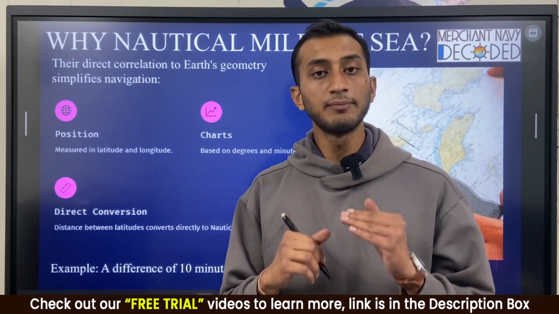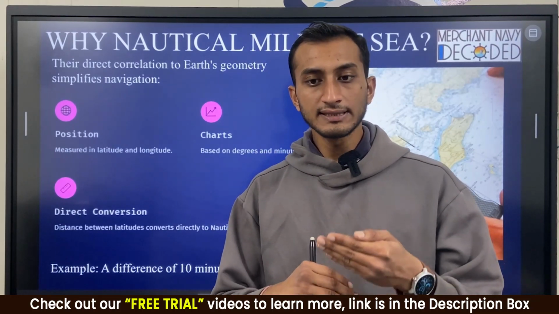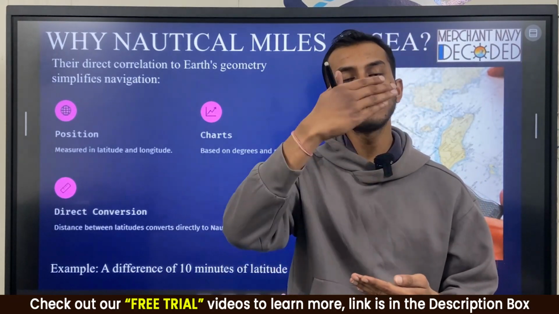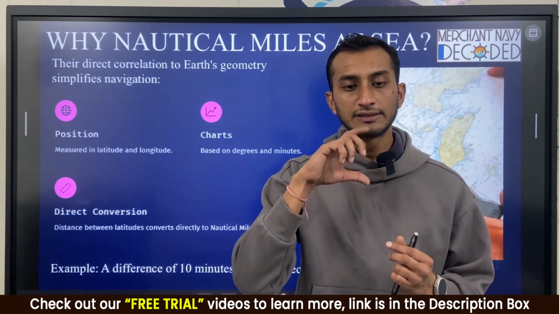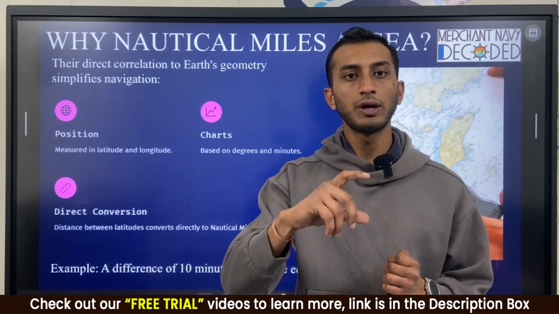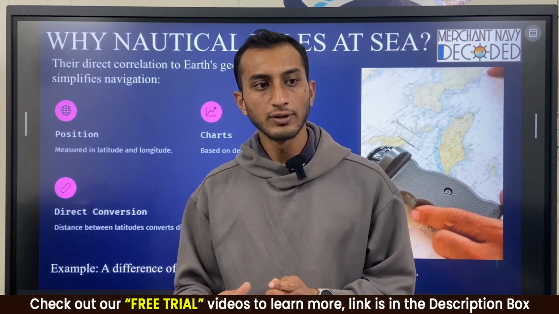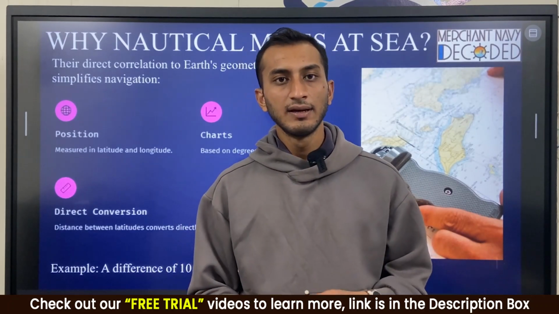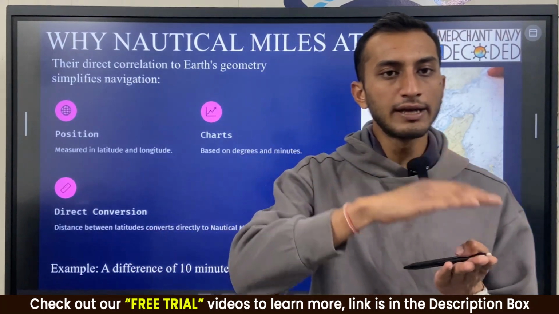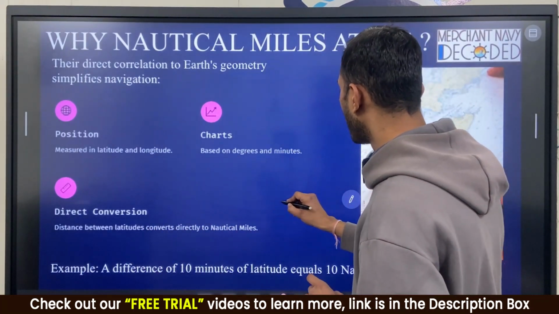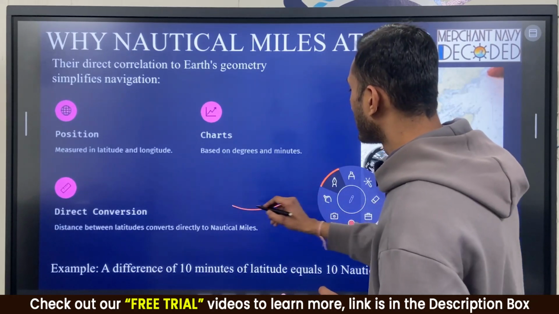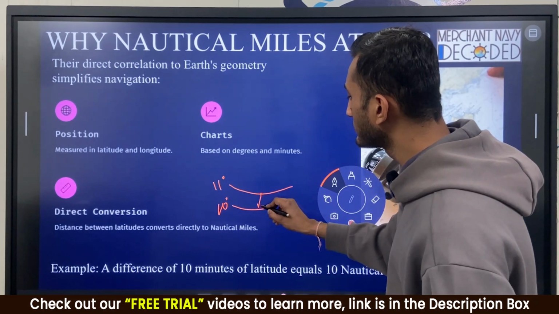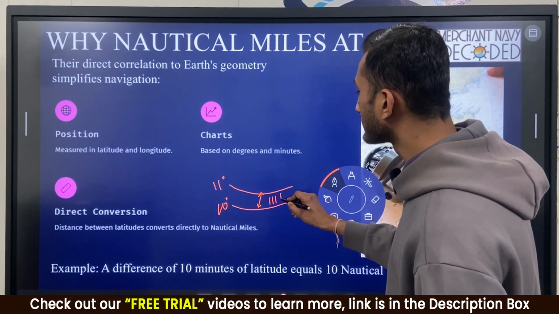Because the most important reason is, since the parallels of latitude do not intersect each other, the distance between two latitudes is generally the same, which is 111 kilometers. So which would make calculation easier. It is not that it is exactly the same, but the difference between two latitudes, that is if I consider this as 10-degree latitude and 11-degree latitude, the distance between these two will be 111 kilometers.